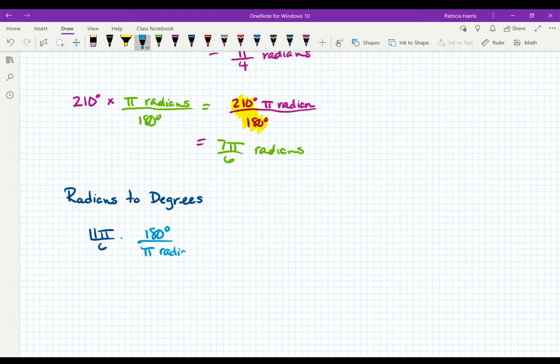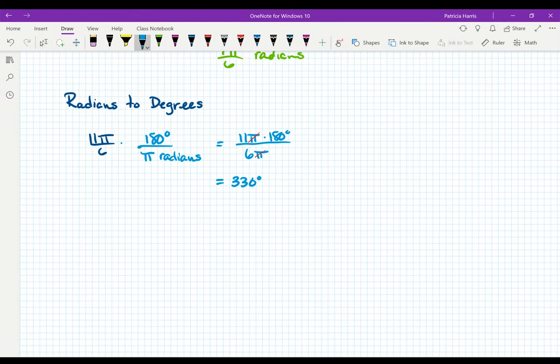Again, you want those pi's or those radians to cancel out. So you get 11 pi times 180 over 6 pi. The pi's cancel. And then let's get out the calculator again. And I get a degree measure of 330 degrees.